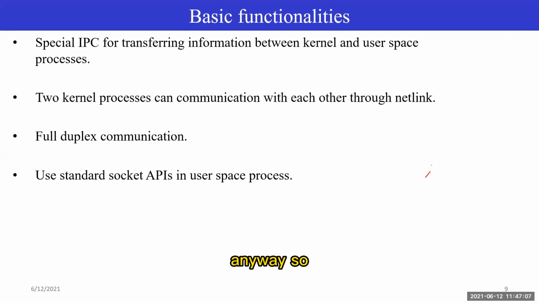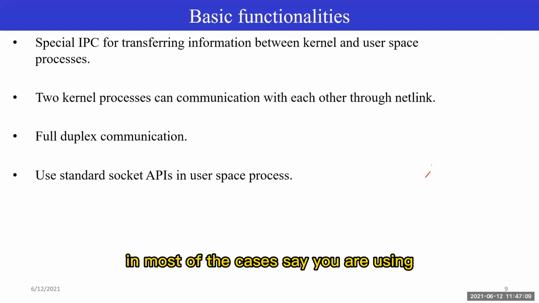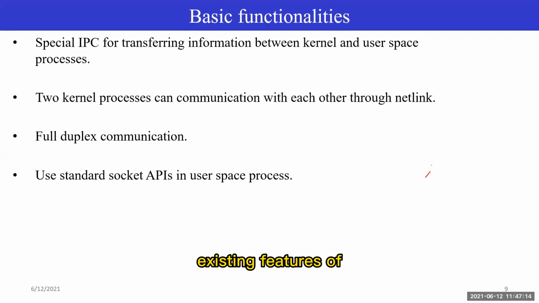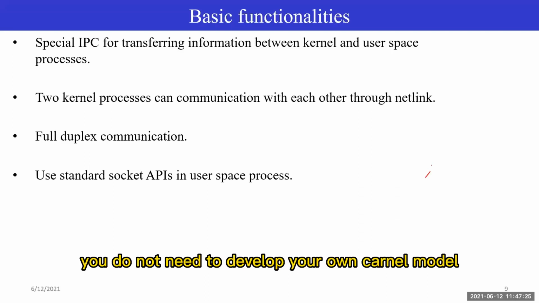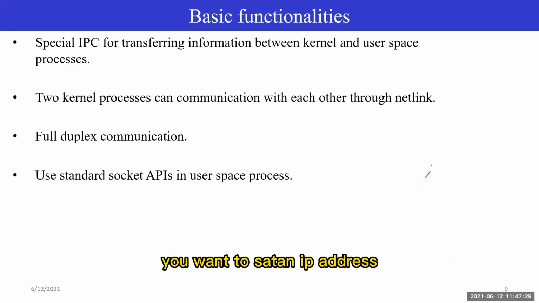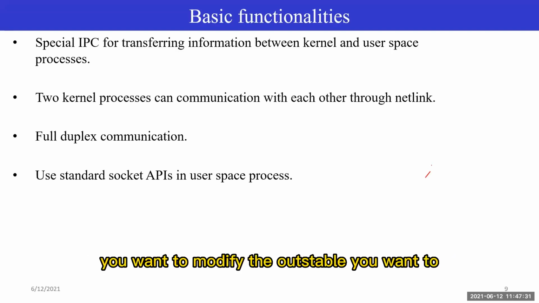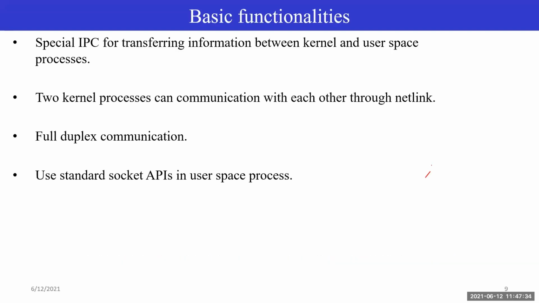Anyway, in most of the cases, say you are using the existing features of kernel modules which are supporting the Netlink socket. That means in many of the cases, you do not need to develop your own kernel module. Say you want to set an IP address, modify the route table, check the firewall policy, and so on and so forth.